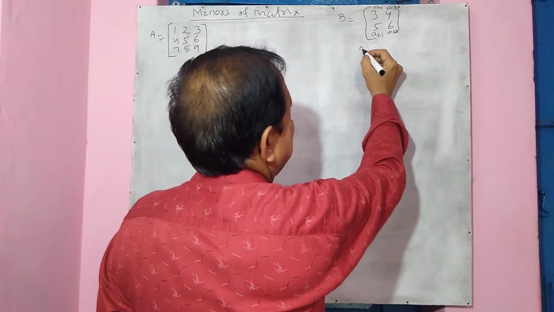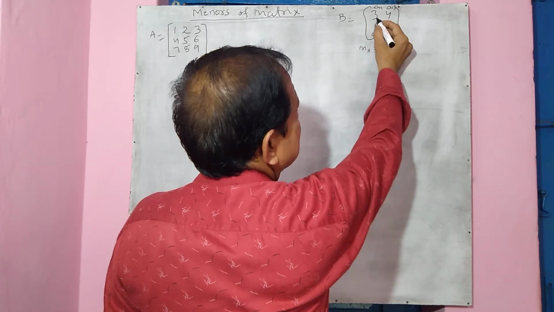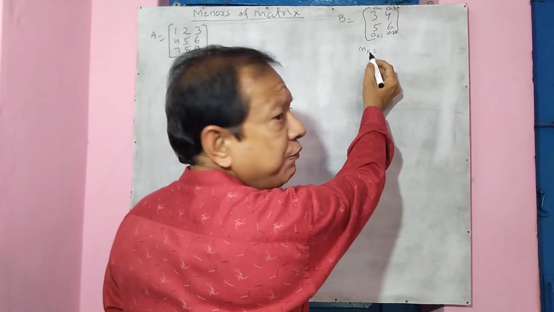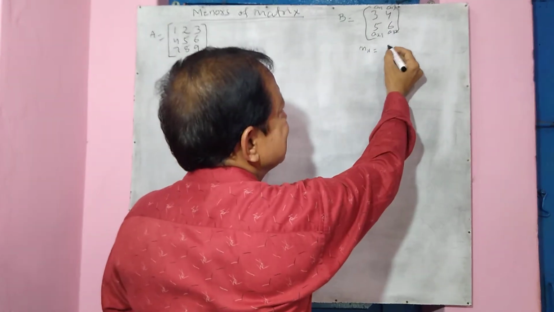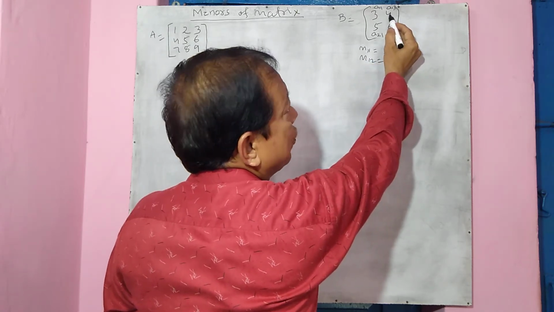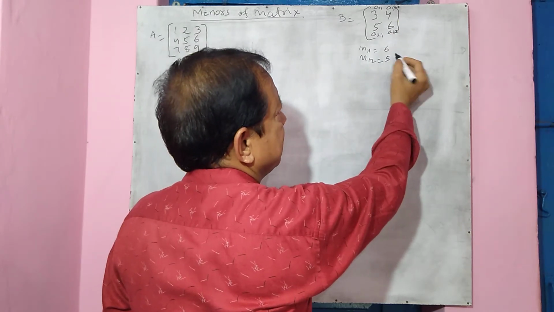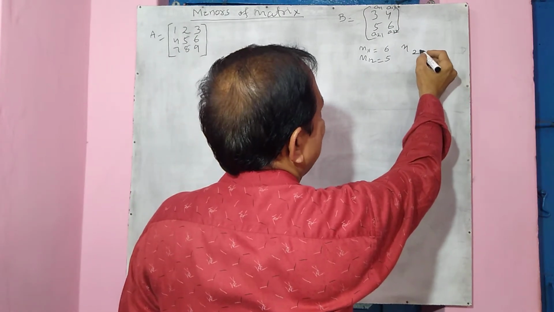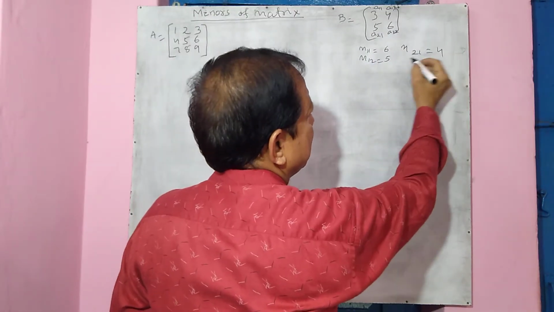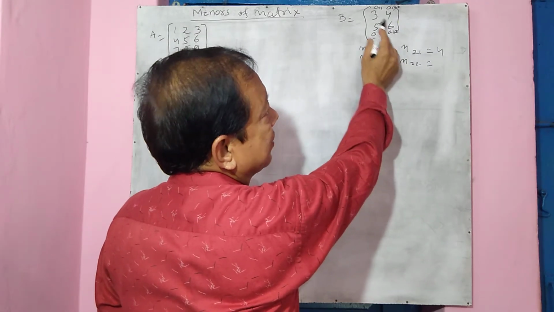So M11 is, minor of first row first column, here 6. If I say M12, this is 4, but minor of 12 is 5. Now if I say M21, this is 5, its minor is 4. If I say M22, then 6's minor is 3.